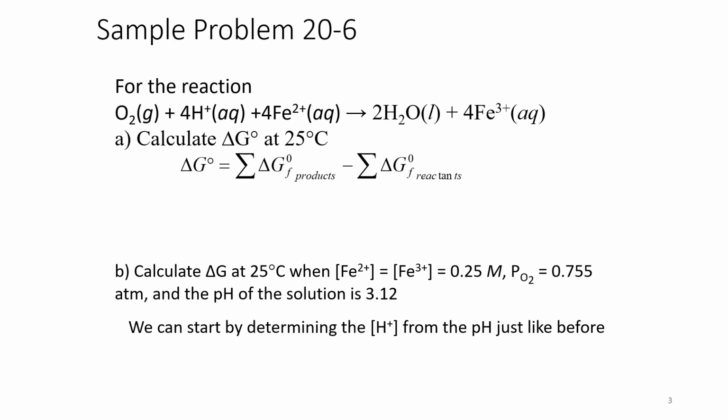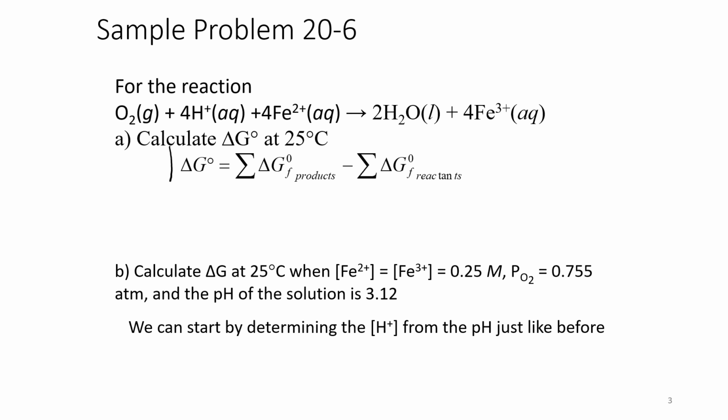We can see this entire thing in practice by working sample problem 20-6. It says for the reaction, oxygen plus 4 acids plus 4 iron 2+ and so on, we want to calculate our delta G at 25 degrees Celsius.